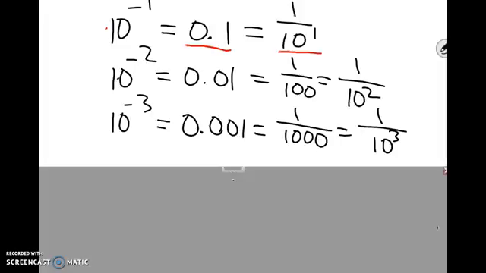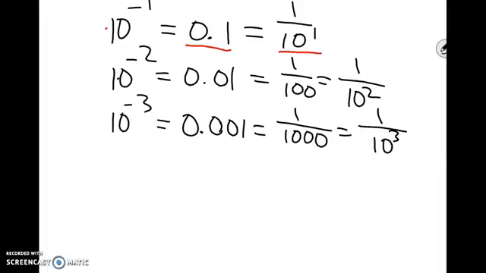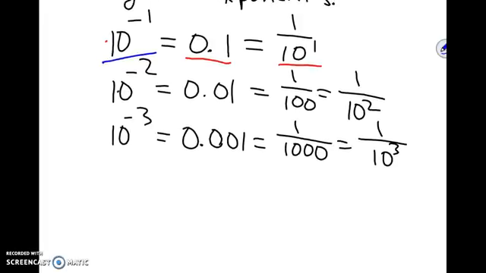Wow, well, let's take a look and see if I can see a pattern from all the way over to the left, over here, 10 to the negative 1. What's the relationship there with 1 over 10 to the 1?